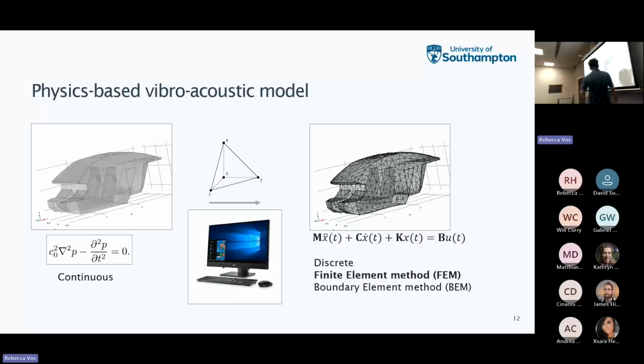And then the common approach is to use finite element methods or boundary element methods to discretize the domain with small elements, and then solve it with the discretized spatial domain approach. And thus we end up with a bunch of ordinary differential equations that we can try to solve with a computer, because these are just linear algebra equations in the end.